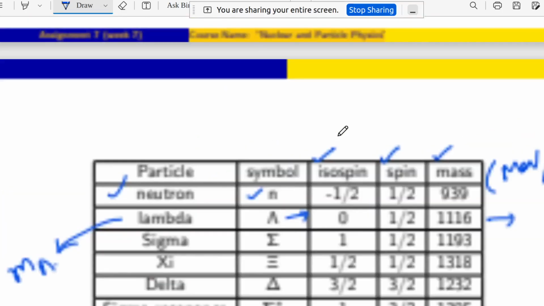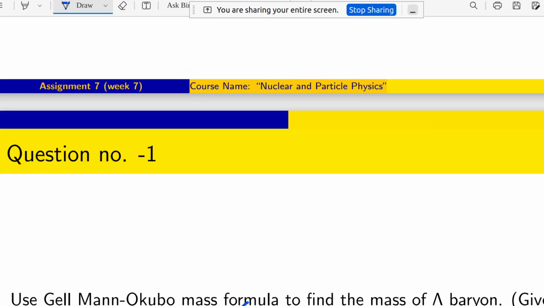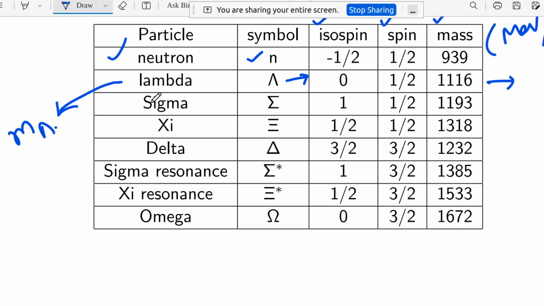Yes, this one. This one is for baryon particles, and the corresponding baryon masses are there. So these are the things.